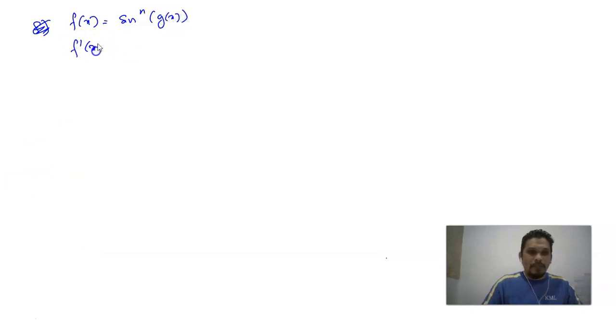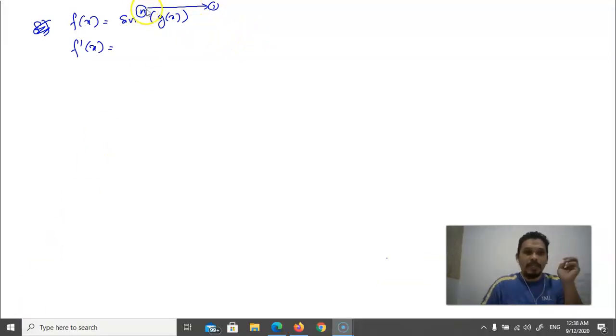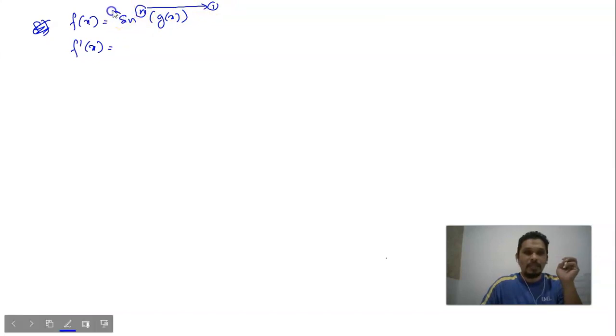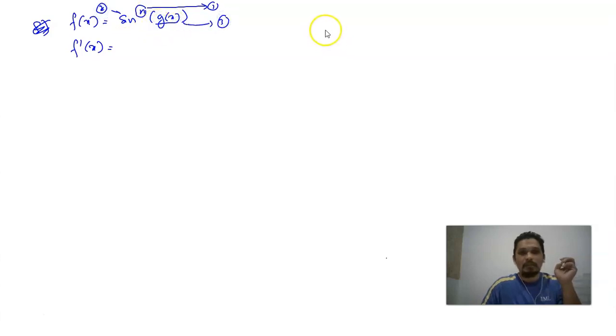So f prime x equals, this is the first priority that we need to derive first, the power n. Then sine will be the second, and the function g(x) will be the third. These are the things that we're going to differentiate, so differentiate one by one.